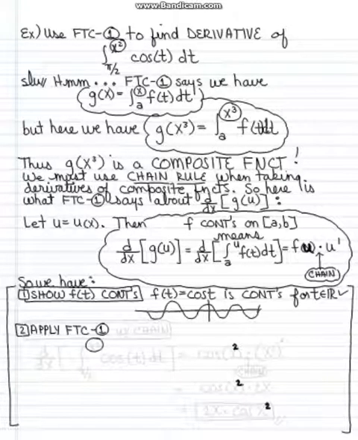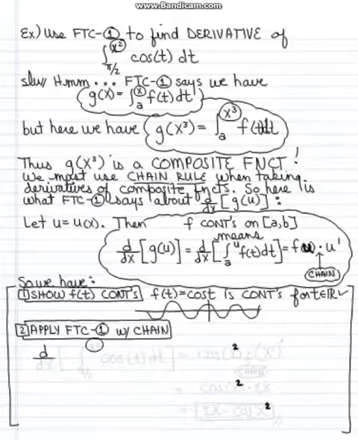Step 2, apply the fundamental theorem part 1, but be sure to use the chain rule since the upper limit of our question is a function of x. Okay, derivative with respect to x of the integral from pi over 2 to x squared of cosine of t dt is equal to the cosine of x squared times the derivative of x squared by the chain rule.